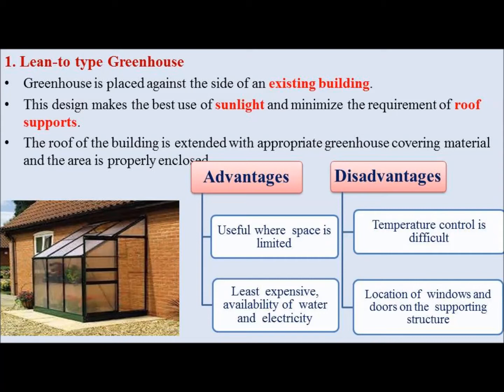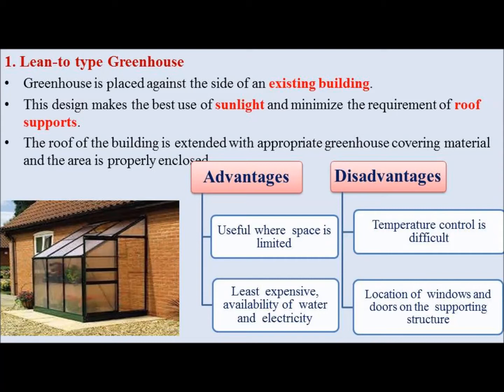The advantage of this type of structure is that it is useful where space is limited. This structure is least expensive compared to other structures, and the design makes the best use of sunlight and minimizes the requirement of roof supports. These structures have some disadvantages: limited space inside the polyhouse.